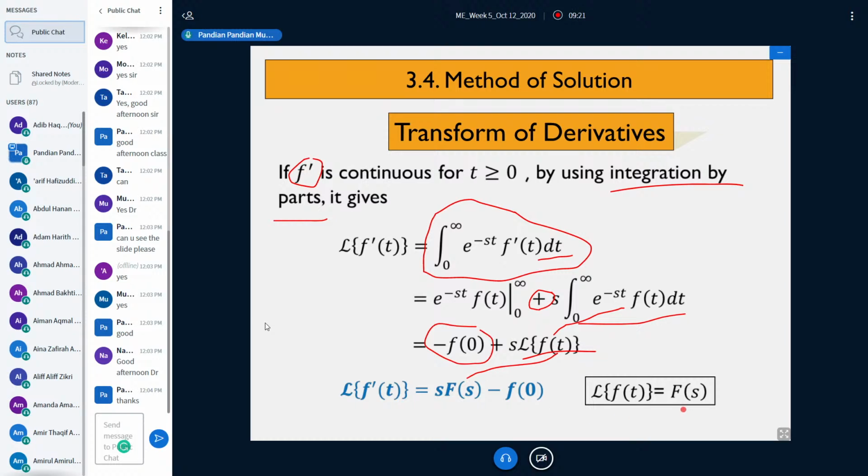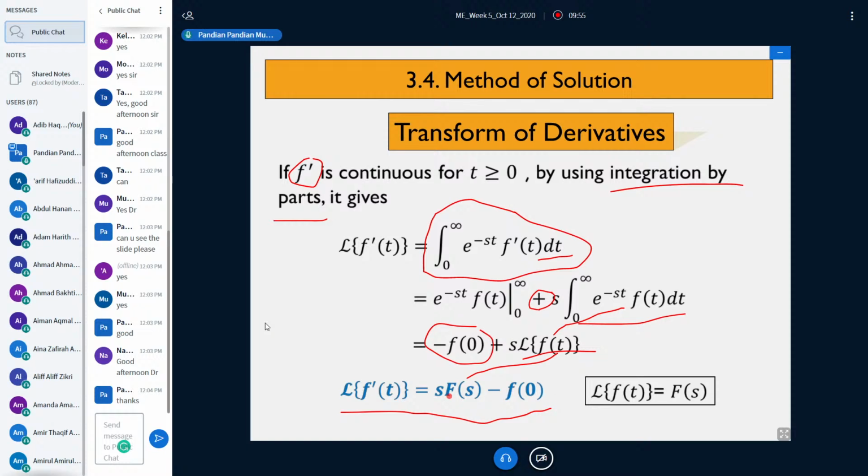So therefore you substitute the Laplace of f(t) with capital F(s). At the moment we use capital F. Also in the previous lecture, we already said that the Laplace of small f is big F(s). So now we have created this formula: the Laplace of f dash t is s F(s) minus f(0). If you replace f with y, the Laplace of y dash t is s Y(s) minus y(0).